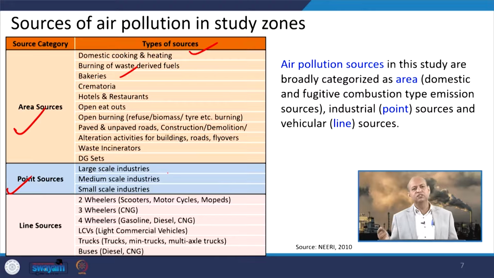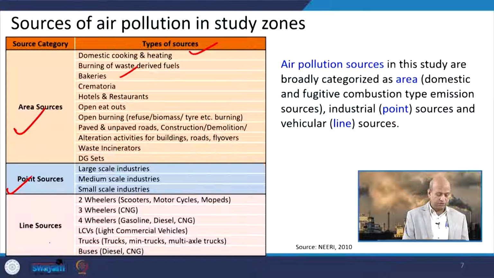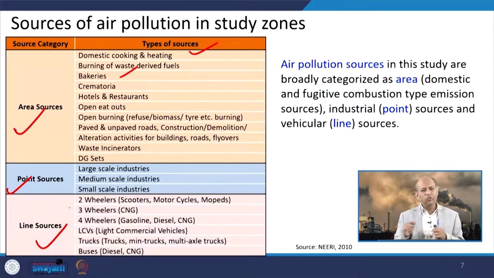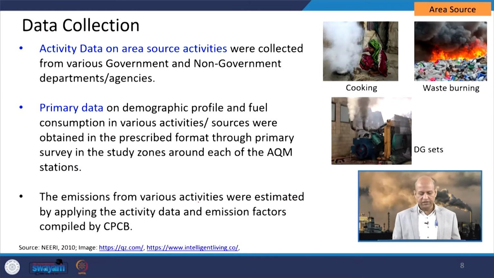Large scale industries, medium scale industries or small scale industries, related information has been taken in this study. Then in line source like 2-wheeler, 4-wheeler, 3-wheeler, and then which fuel they are run by, like CNG or gasoline, that is petrol, or diesel, all those different categories have been taken up.